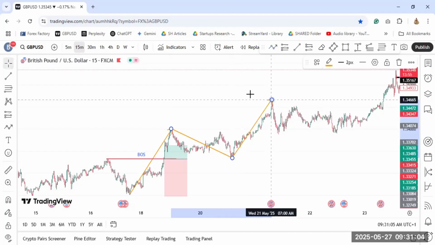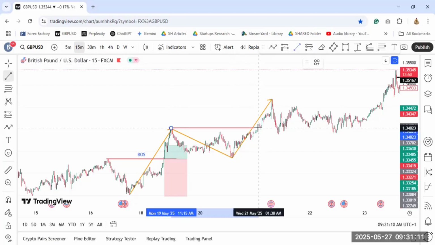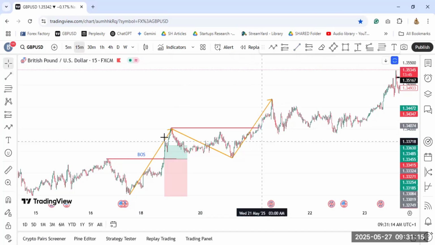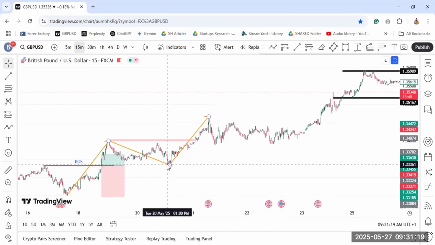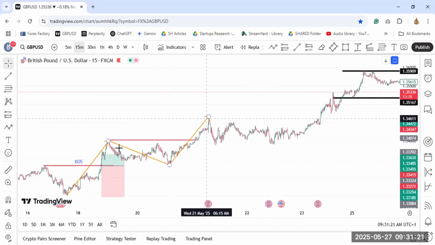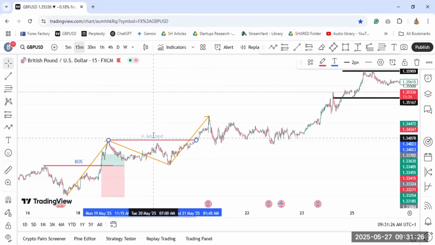And we have another break of structure here, at this level. It created another low here and then pushed up. And you could see at this level, there is a break of structure. So let me add BOS.